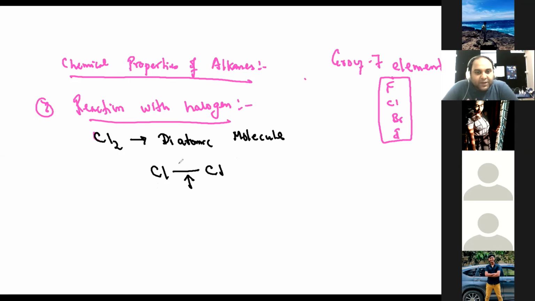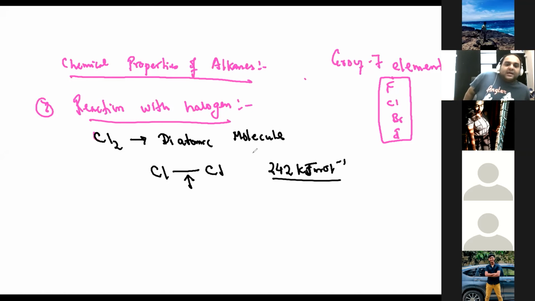আচ্ছা. So এই covalent bond ভাঙতে you need 242 kilojoule per mole energy. Okay? So somebody has to provide you with this amount of energy. সেটা কে দেয়? Who gives it? Heat. From whom?